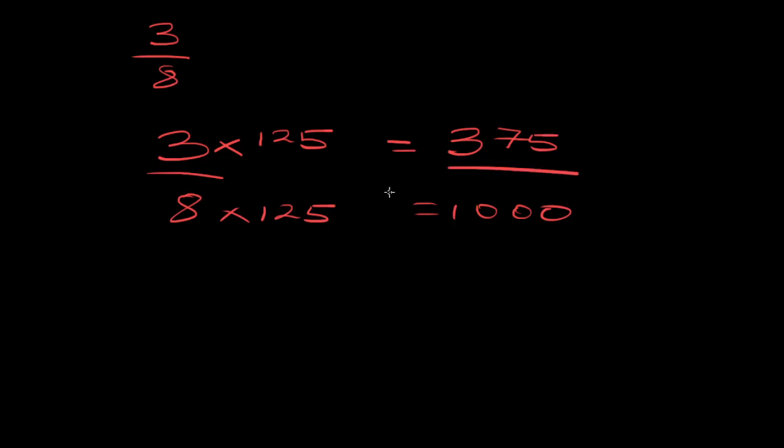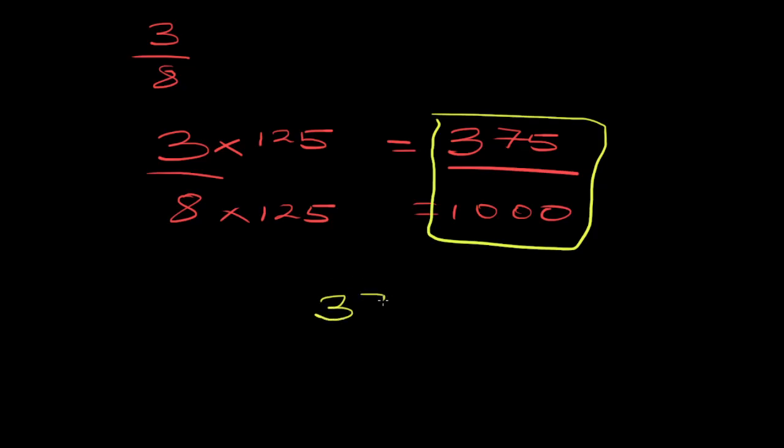So what we have here is 375 over 1000. Once we have this, we can easily rewrite it as a decimal.